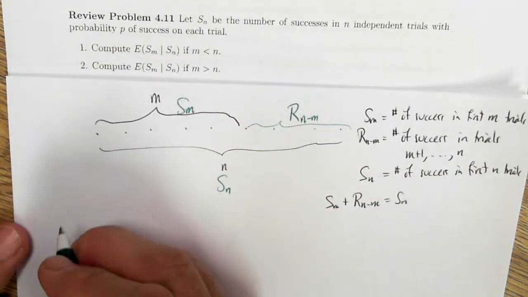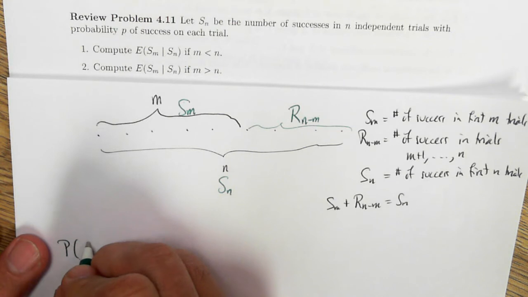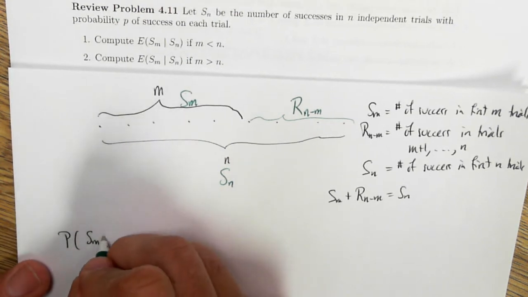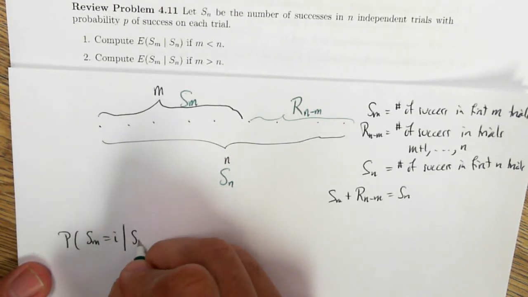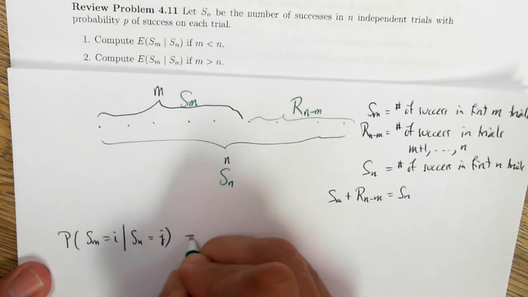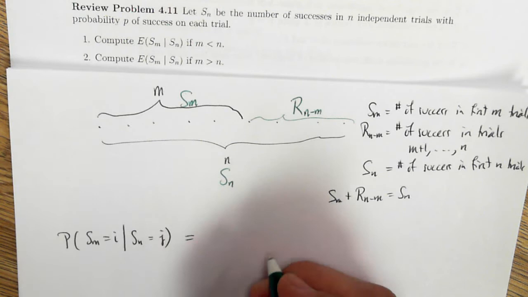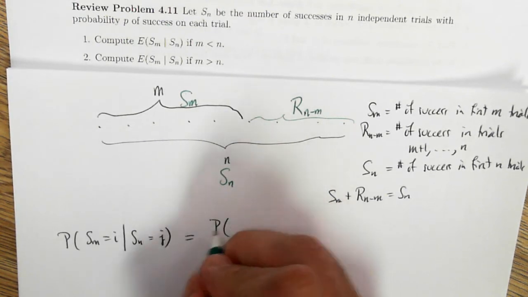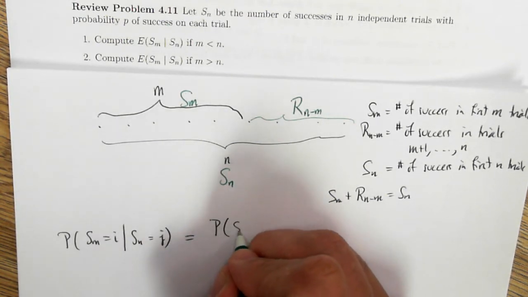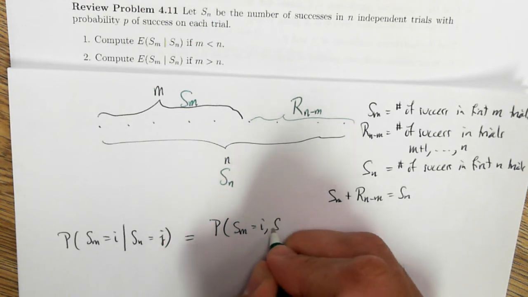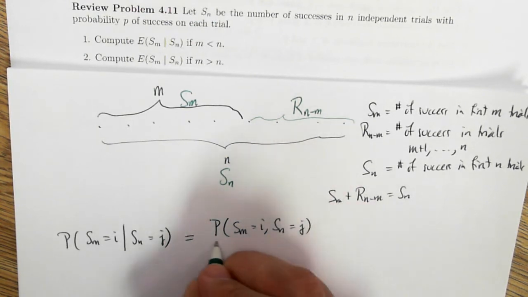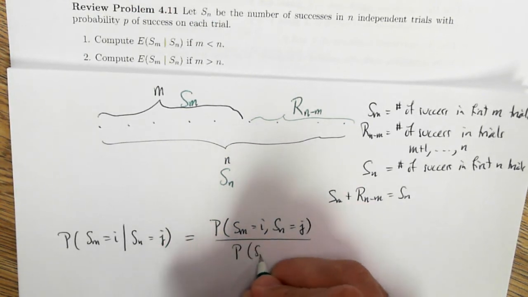Okay, so to do number 1 here, let's find the conditional distribution for S sub m. Let's find the probability that S sub m is equal to i, given that S sub n is equal to j. By the definition of conditional probability, this is the probability that S sub m is equal to i and S sub n is equal to j, divided by the probability that S sub n is equal to j.